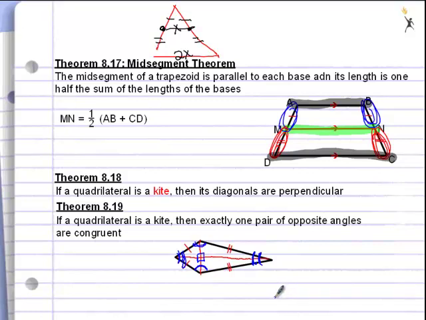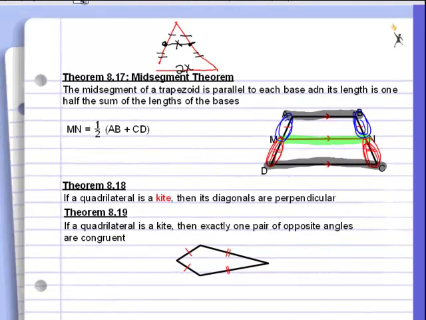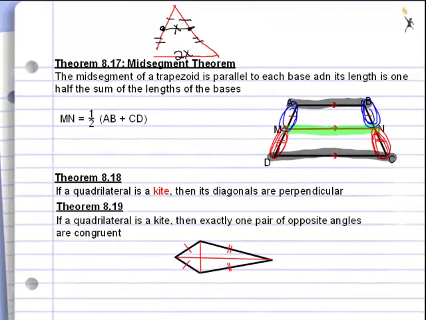Start over on Theorem 819. Okay. Theorem 819 says if a quadrilateral is a kite, then exactly one pair of opposite angles are congruent.